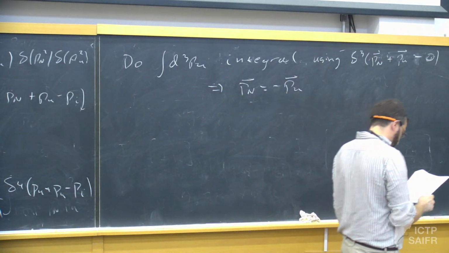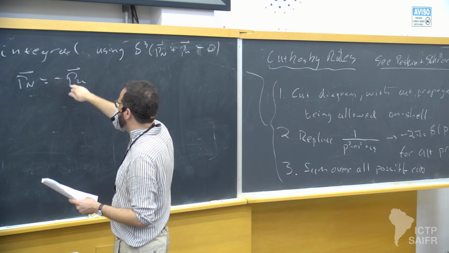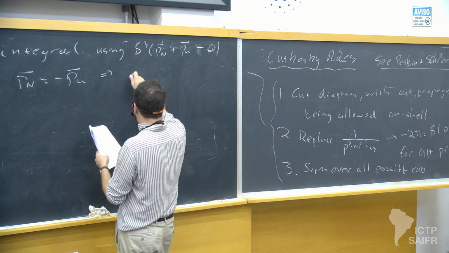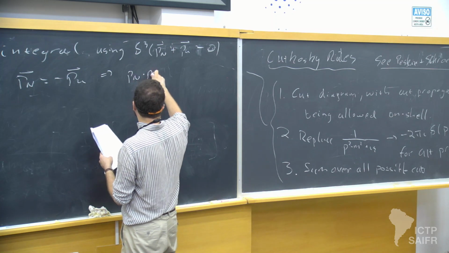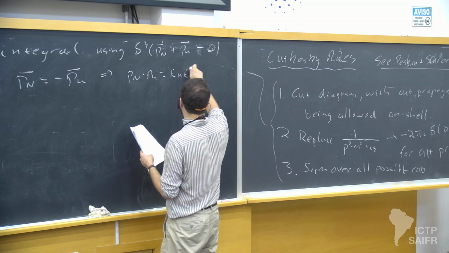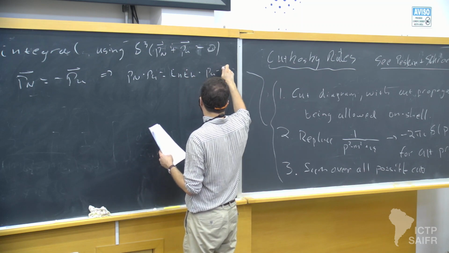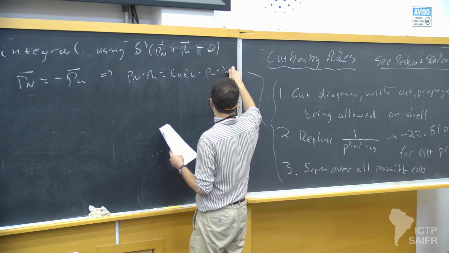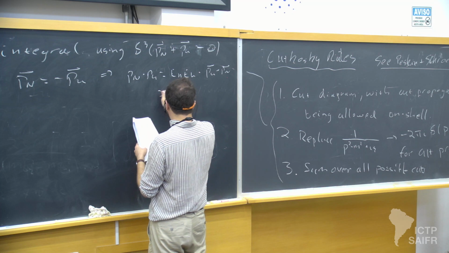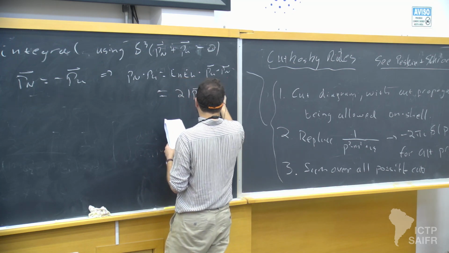So this integral will enforce this, which means that pn dot pu, which is the En Eu minus pu dot pn, will just give us 2 pn pu.